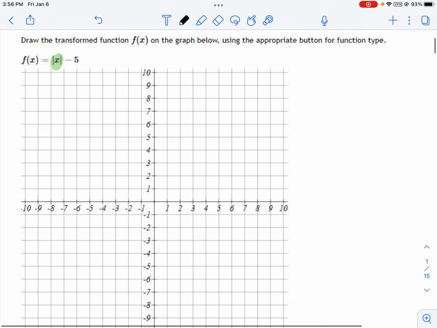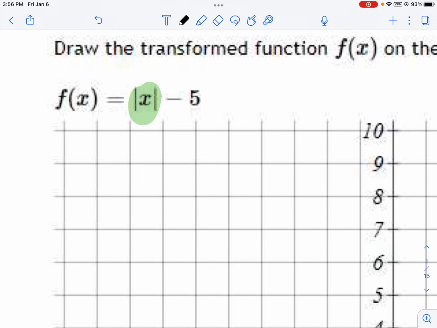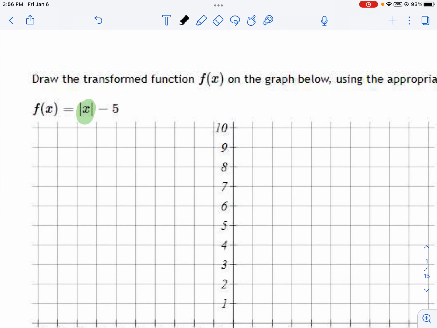Alrighty, so here we have absolute value of x minus 5. Now, there are two kinds of transformations, right? For shifts, which is what this is, and we know it's a shift because it's addition or subtraction, either one is going to be a shift. You have two kinds of shifts: a horizontal or a vertical shift.